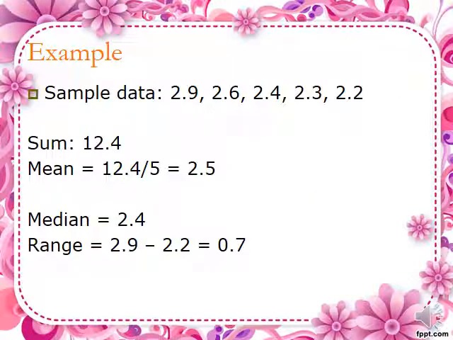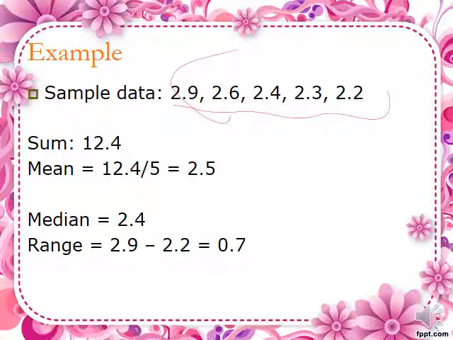An example of calculation is shown here. This is the sample data, a set of 5 data. You are asked to calculate the mean, median as well as range. To calculate mean, we have to find the total value of all of these.